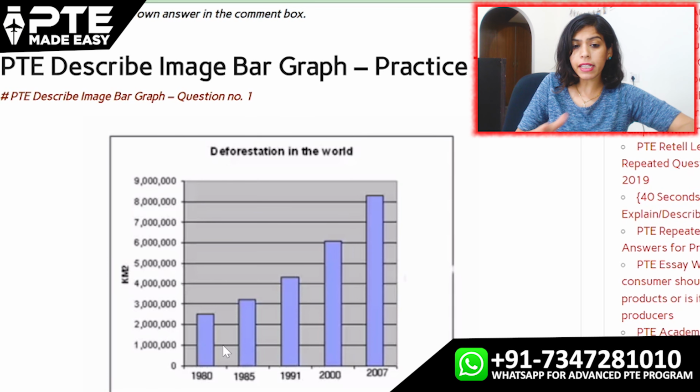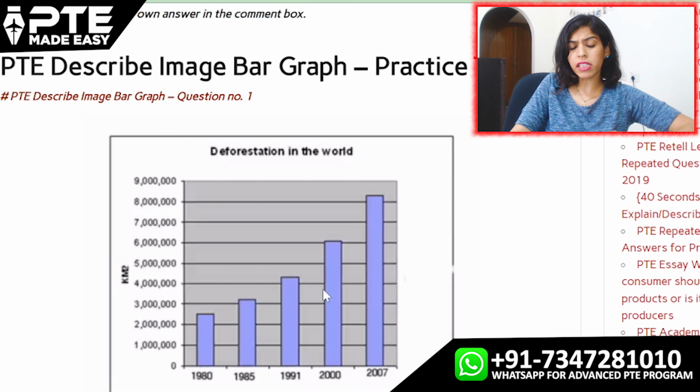So you can clearly start your answer like such. In 25 seconds, analyze it. Explain the major point, that is 2007, the highest point. Explain the lowest point, that is in 1980. Even if these two were not highest and lowest, then also we should have taken care of the beginning point and the ending point, the beginning year and the ending year.